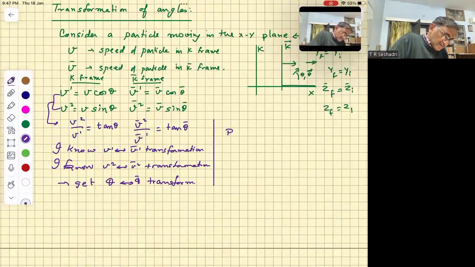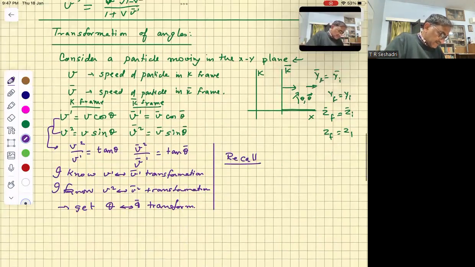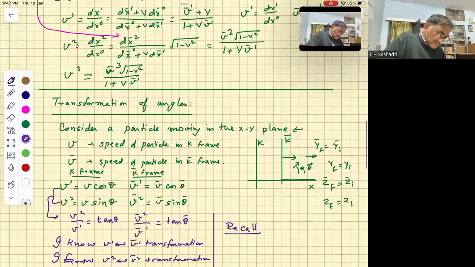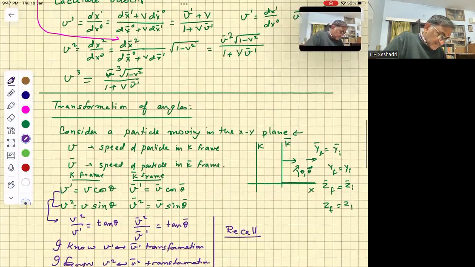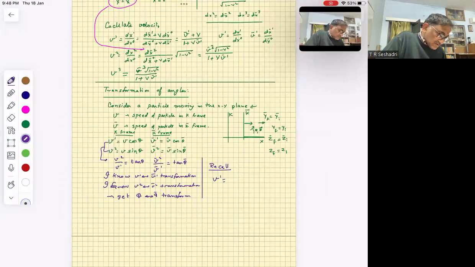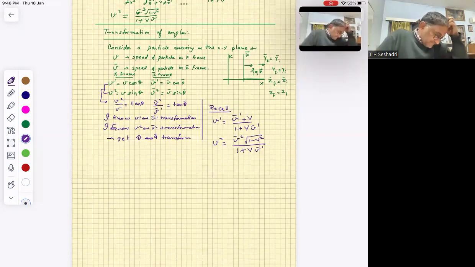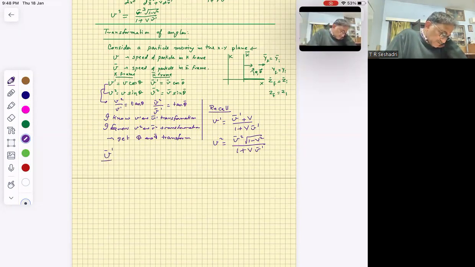Recall that v1 is equal to (v bar 1 plus v) divided by (1 plus v bar 1), and v2 is equal to v bar 2 times the square root of 1 minus v squared, divided by 1 plus v bar 1. So I divide these two.